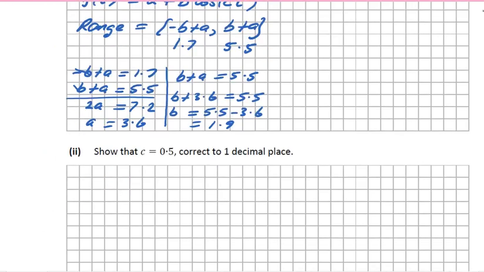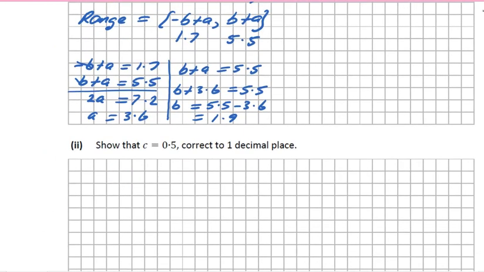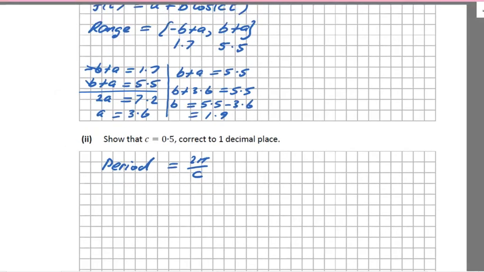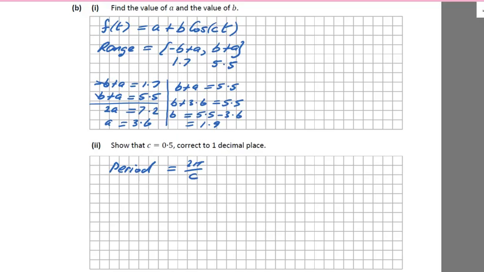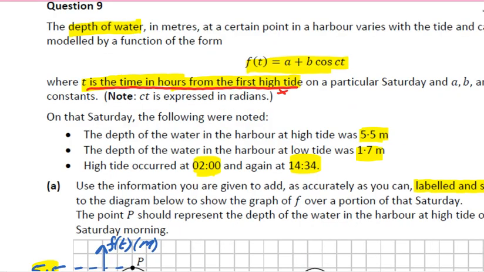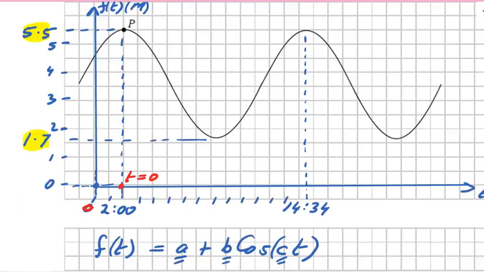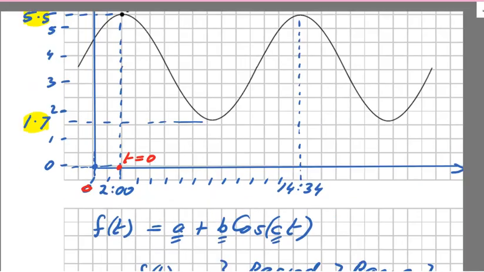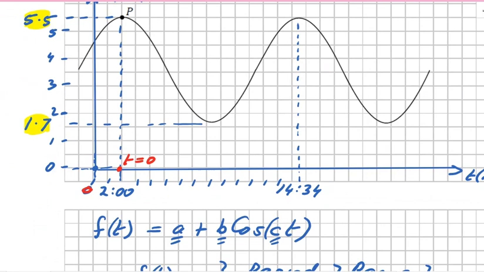Now the next part, show that c is 0.5. Well, we also know at this stage that the period of our function, we just worked out earlier, to be 2 pi over c. And we're looking for c this time. We also know, of course, if we go back to part A, what the period is, because if you look closely again, you can see that from high tide to high tide, that's the period, that's where it repeats itself.